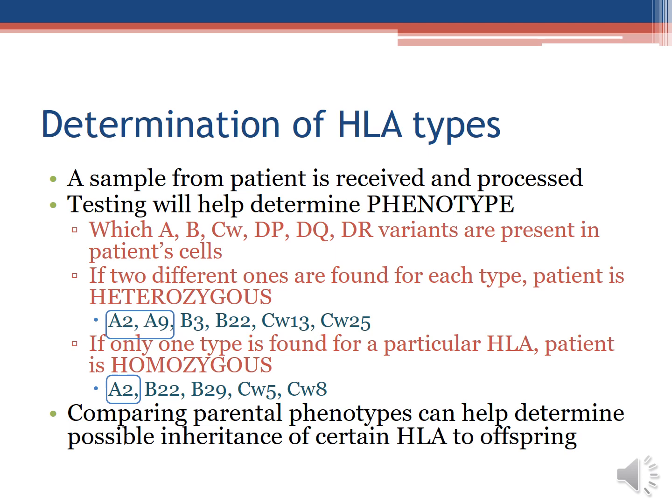If they have A2 and A2, then remember that they would be homozygous, or the same. By comparing the phenotypes from the child and mother, or parental phenotypes, it can really help determine the possible inheritance of certain HLAs to their future offspring. So if we do phenotyping on the parents, then we could reasonably assume what types of HLAs they will be giving to their offspring.